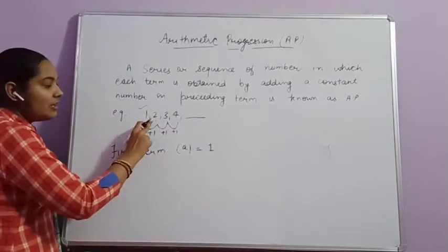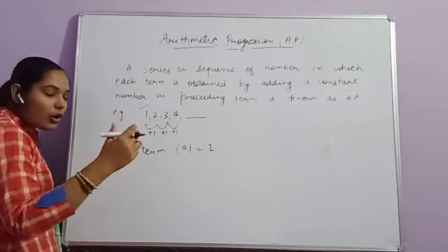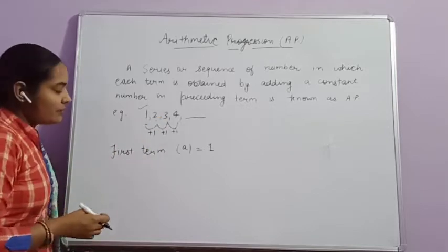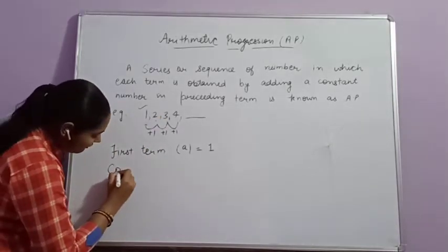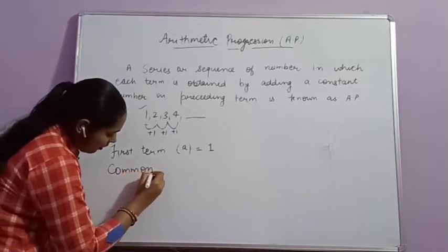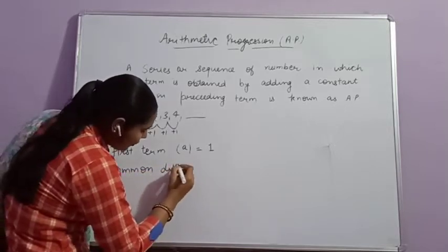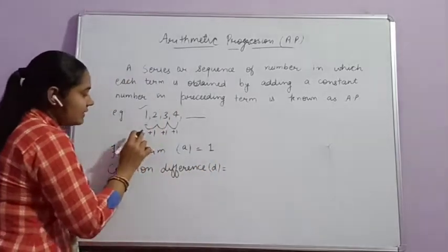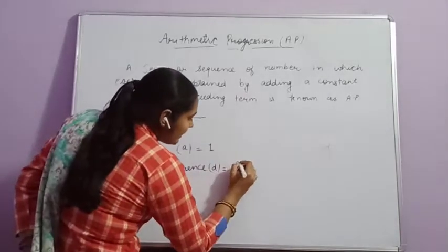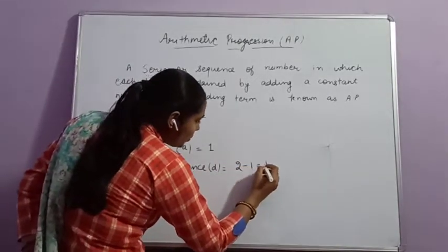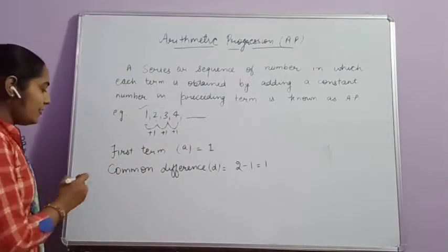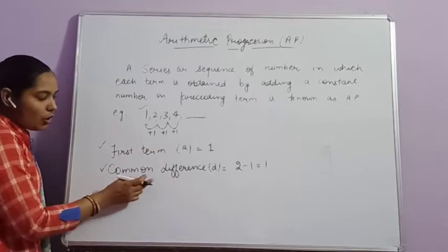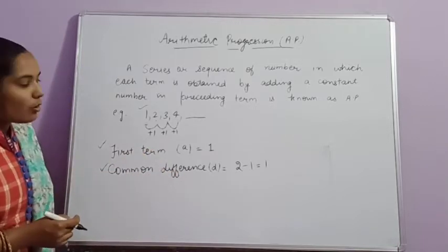The difference between two consecutive terms, or the number by adding which we obtain the next term, is known as common difference, denoted by small d. Here small d is a2 minus a1, that is equal to 1. Clear? First term of AP is represented by small a, and common difference of an AP is represented by small d.